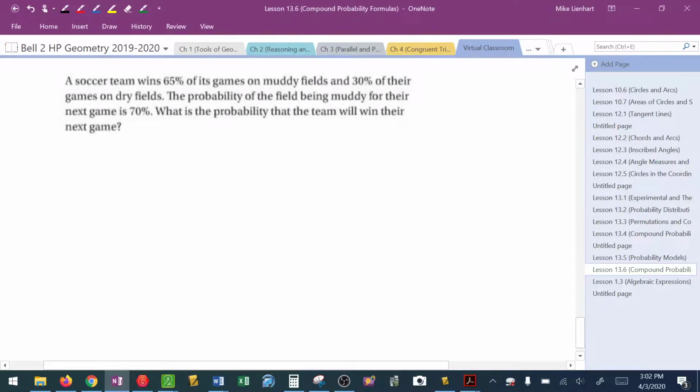Let's try one more. So I got a soccer team that wins 65% of its games on muddy fields and 30% of their games on dry fields. Okay? So what do I know? I know they're playing games. And when they play games, the field is either dry or the field is muddy.